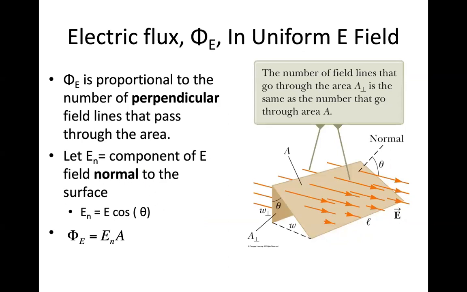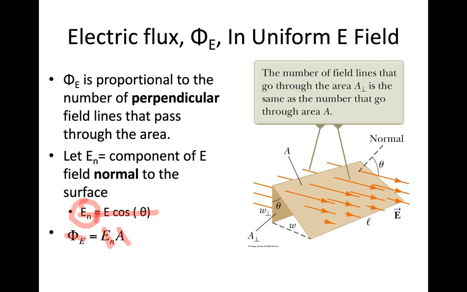Sometimes we write this as such, where we say, wait, the electric flux is the normal field lines to the area. And again, we just then expand that normal field lines. Well, it's E cos theta. It's the component of the E field normal to the surface.